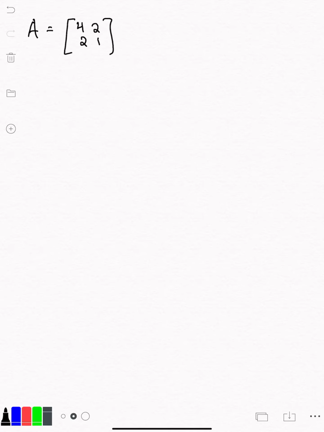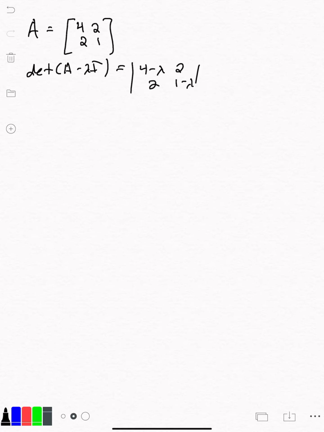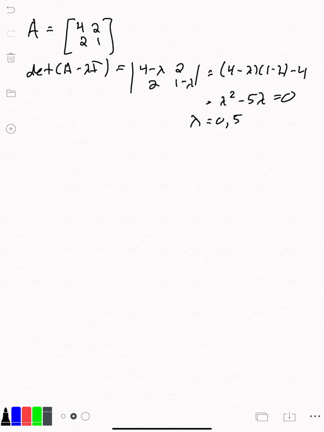We take the determinant of A minus lambda I, and you get 4 minus lambda times 1 minus lambda minus 4. It works out to be lambda squared minus 5 lambda. Set that equal to 0, and so lambda is 0 and 5.